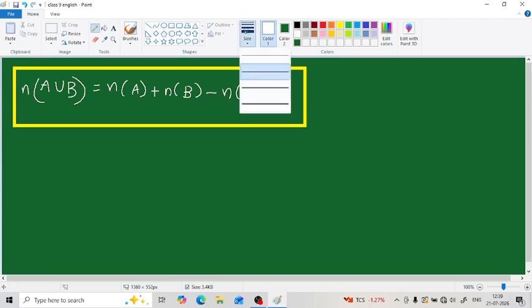Okay, and what does this N mean? N means number of elements in a set.